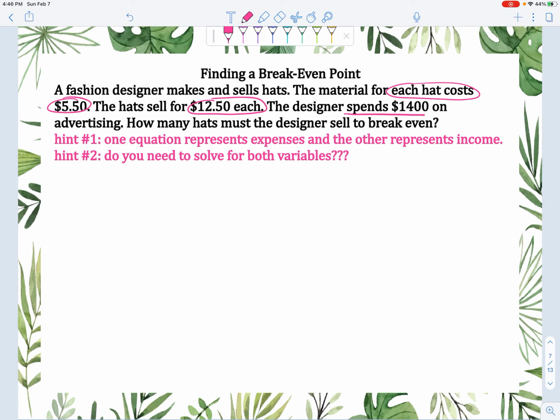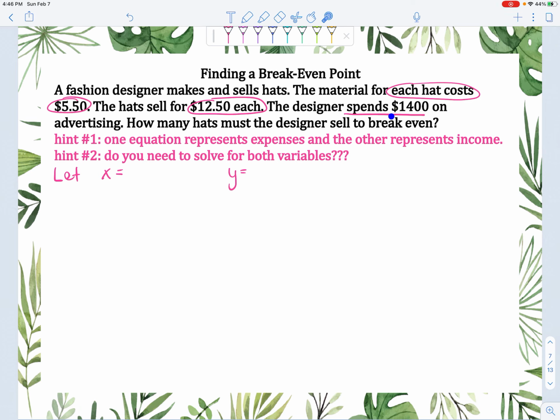So a break-even problem typically is going to give you an expense equation and an income equation. So in order to break even, your expenses and your income must be equal. So let's start by defining our variables. We have an x and a y. So number of hats is definitely one of my variables, and then money is the other.